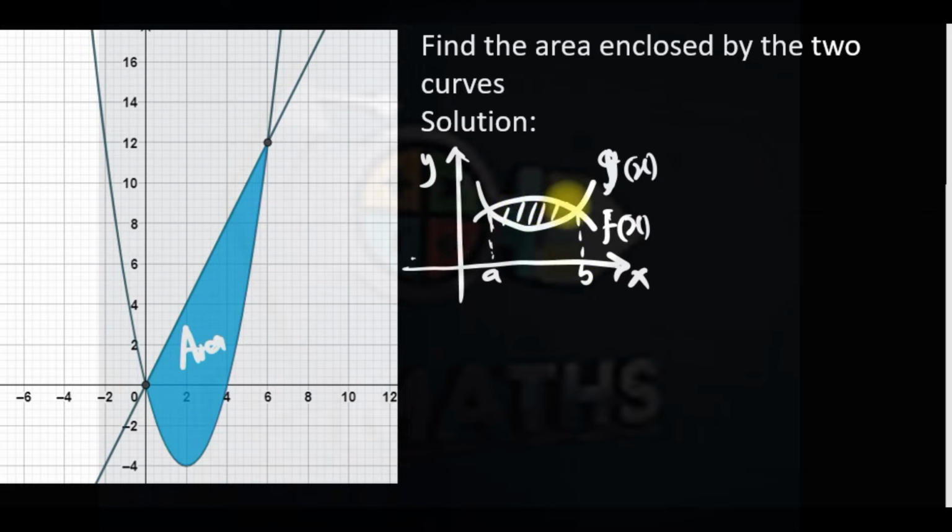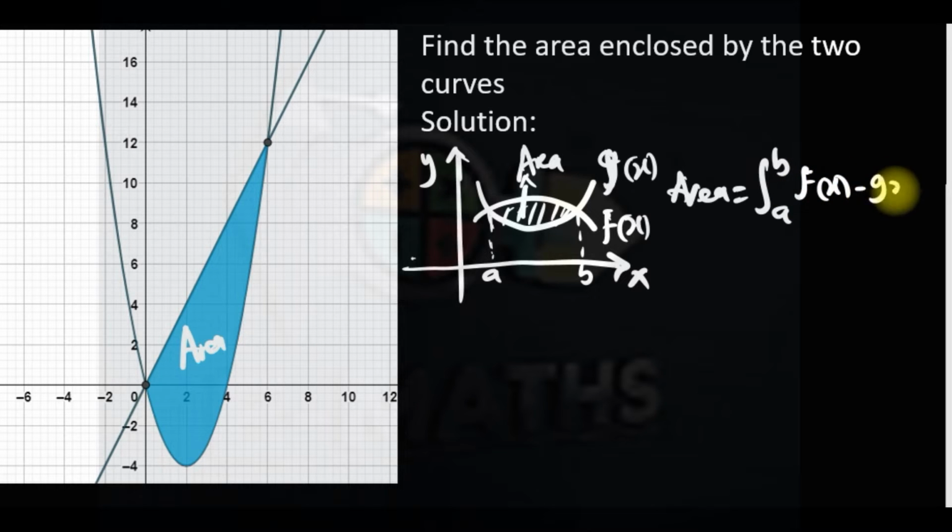The area bounded by these curves is given by the integral from a to b, that is from the points of intersection, of the upper function minus the lower one, so we have f of x minus g of x dx.